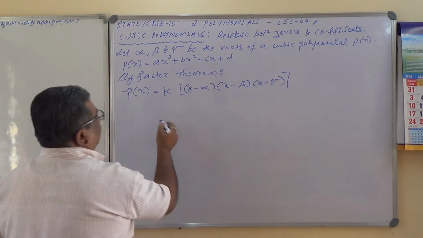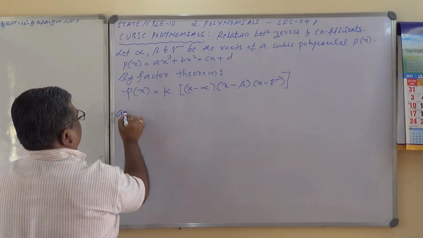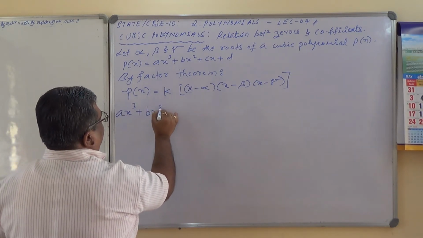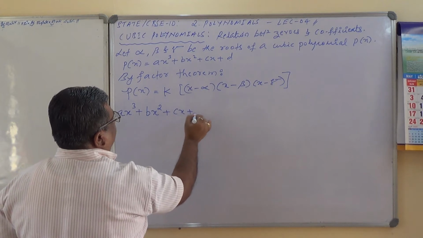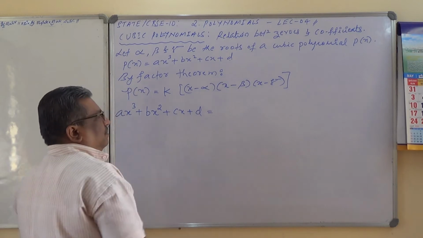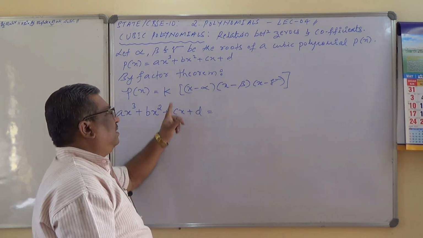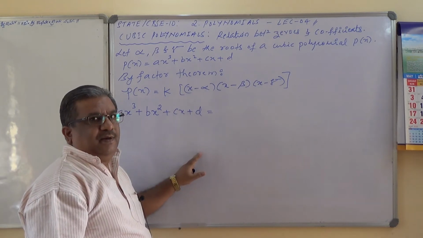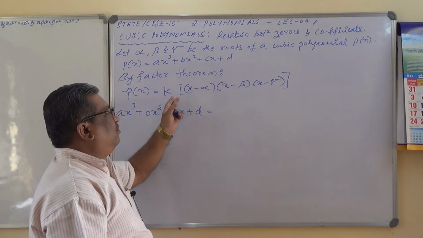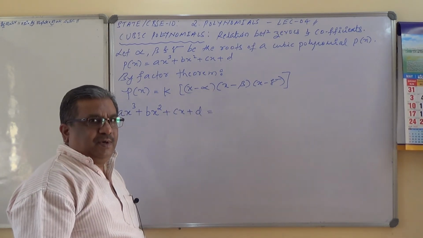Now let us see this one. What is p of x? Ax cube plus bx square plus cx plus d equals... see here, you try to expand yourself. I am writing here the complete expanded form. After getting the product, you try to work out at home the product of all these. Are you able to understand?